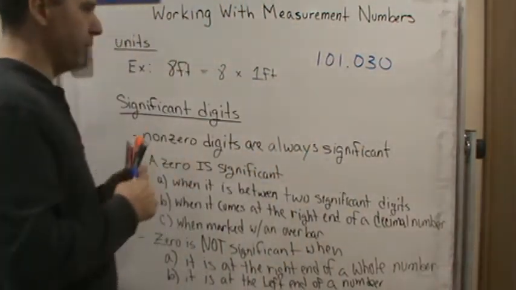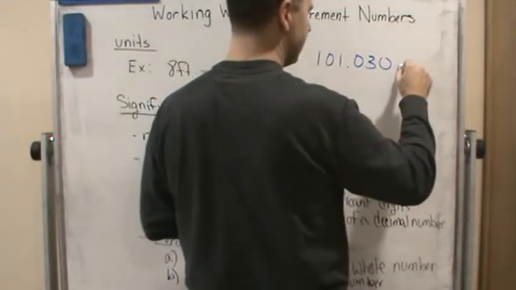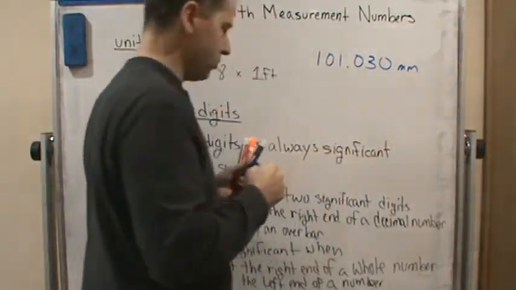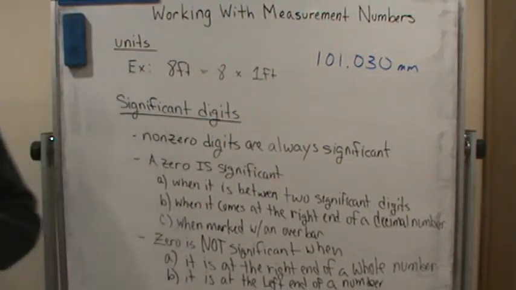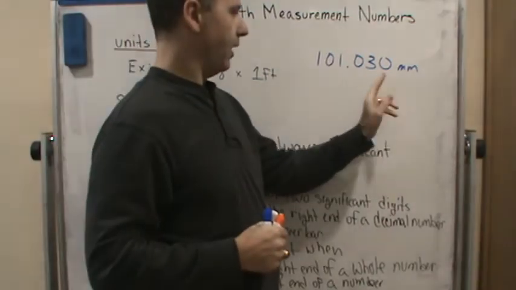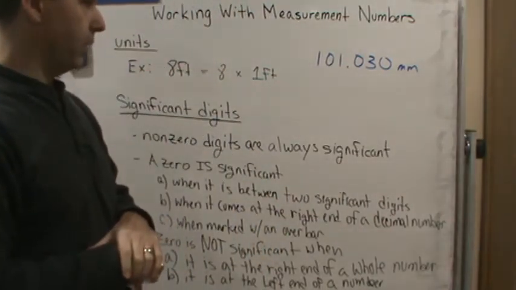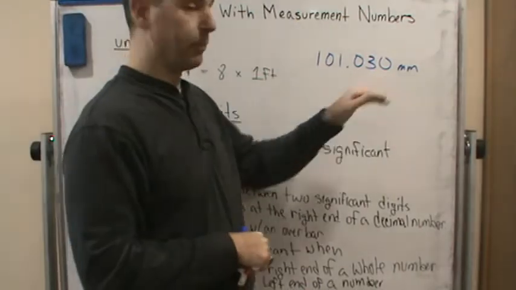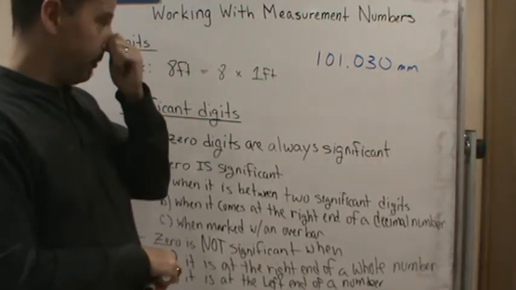101.030, right? If this is a measured number, let's say I'm talking about millimeters, and I've got a micrometer and I'm measuring the, well, that would be an awfully big micrometer. But anyway, let's say I'm measuring the outside diameter of a pipe, and my micrometer reads out to the thousandths place. This is the measurement that I'm reading from my micrometer.